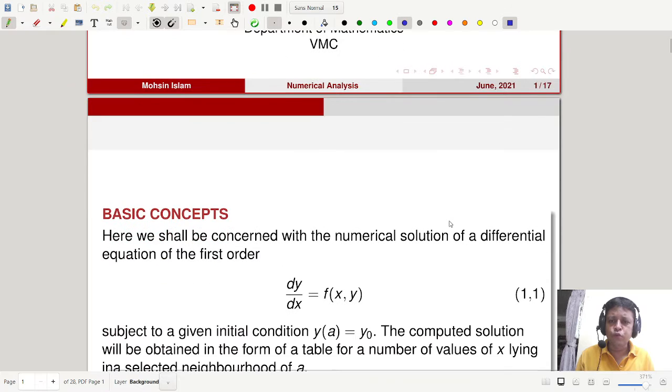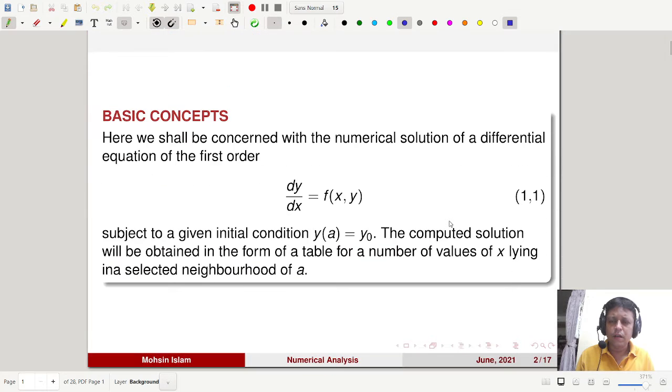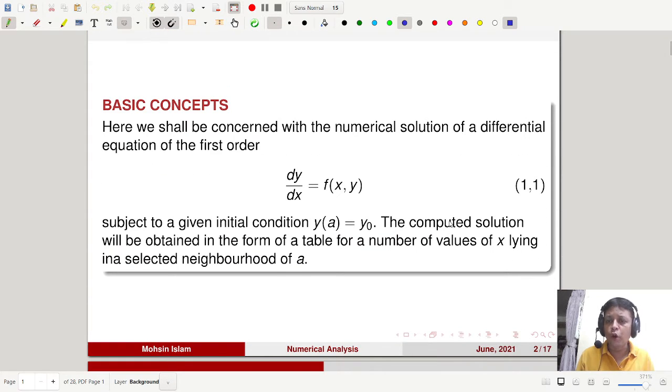So before we go to the main core of our topic, let's come to the basic concepts. Here we shall be concerned with the numerical solution of a differential equation of the first order. It's given by 1.1, dy/dx = f(x, y), subject to a given initial condition y(a) = y0.